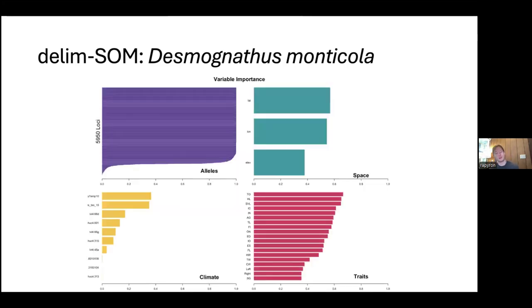We can also see which variables are most important in differentiating between those species. And again, not surprisingly, it's primarily genetic data, but we also see climatically that the number of months of high temperatures are very important. Elevation is less important than latitude or longitude. And then in our trait data set, things like toe length and humerus length, so the length of the limbs, are a lot more important than things like snout gular length.